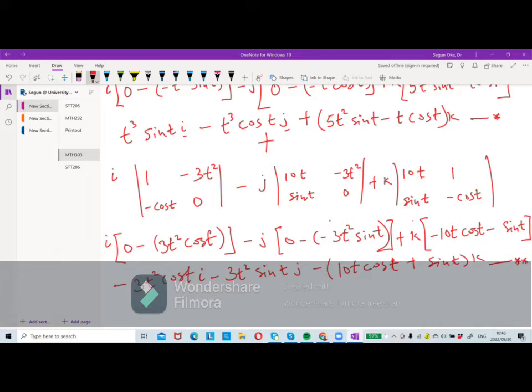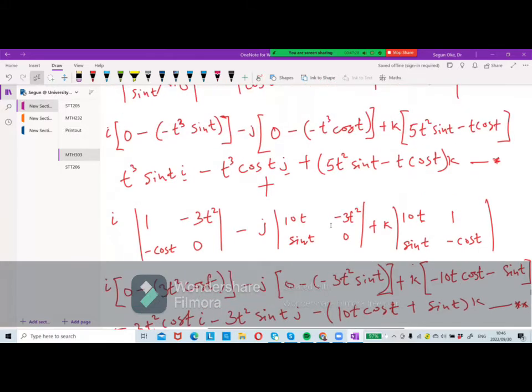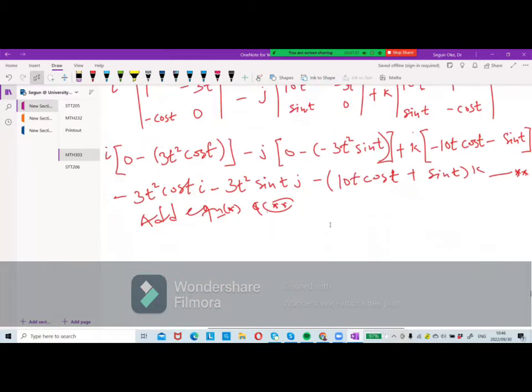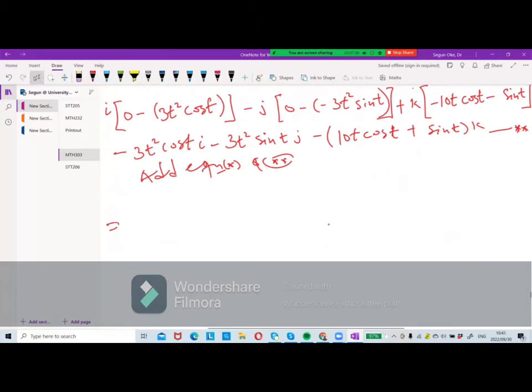So now, how do we add the two together? Based on the law, add equation star and star star. That means i will go to i, then j will go to j, then k will add to k. So let's go ahead and do that.